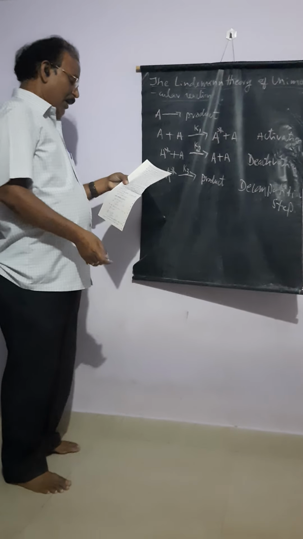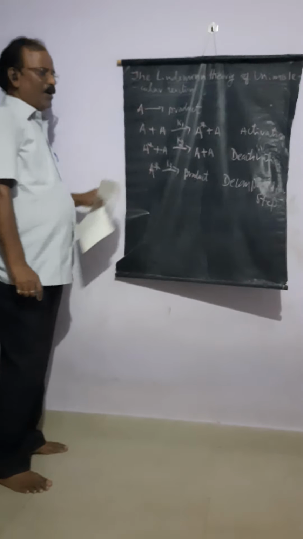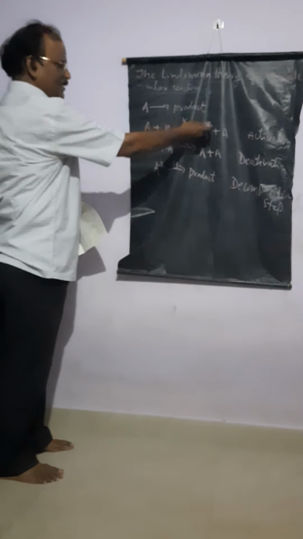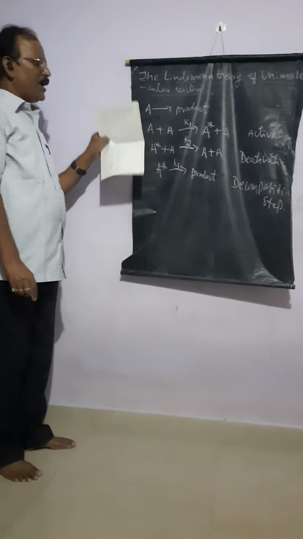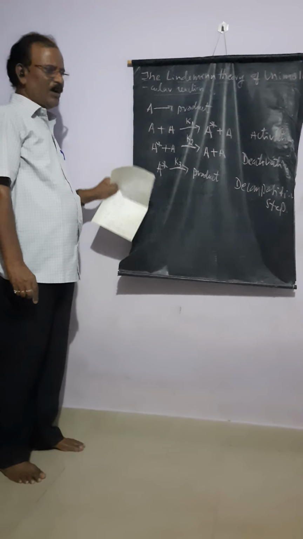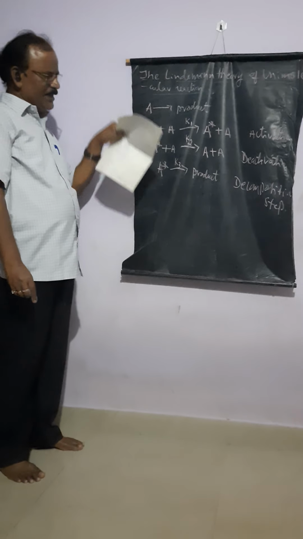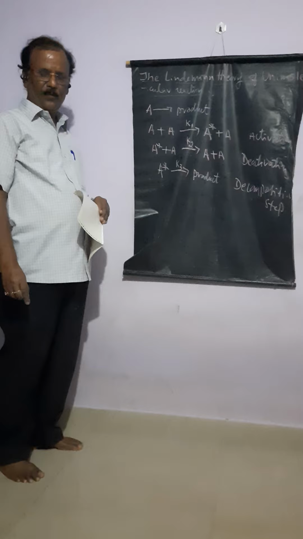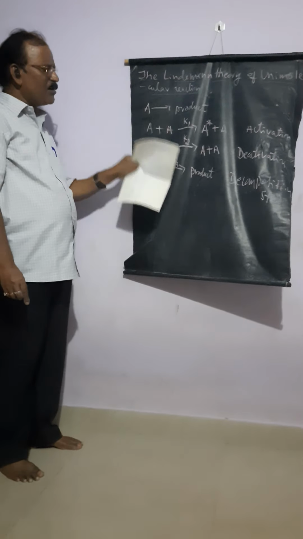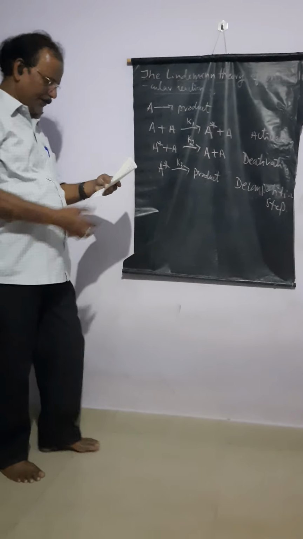According to the steady state approximation, whenever in a chemical reaction a short-lived intermediate like A star occurs, the rate of formation of this intermediate is equal to its rate of disappearance, and the net rate is equal to 0. So the mechanism of Lindemann's theory of unimolecular reaction is based on this steady state principle.